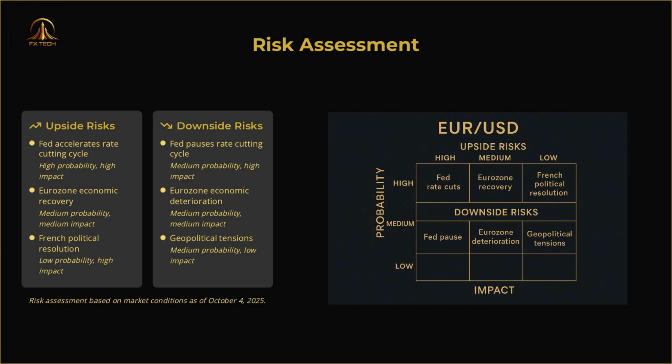The risk matrix visualizes these factors according to their probability and potential market impact. Note that the Fed's monetary policy decisions remain the dominant risk factor in both directions, highlighting the importance of closely monitoring Fed communications and economic data that might influence their decisions.